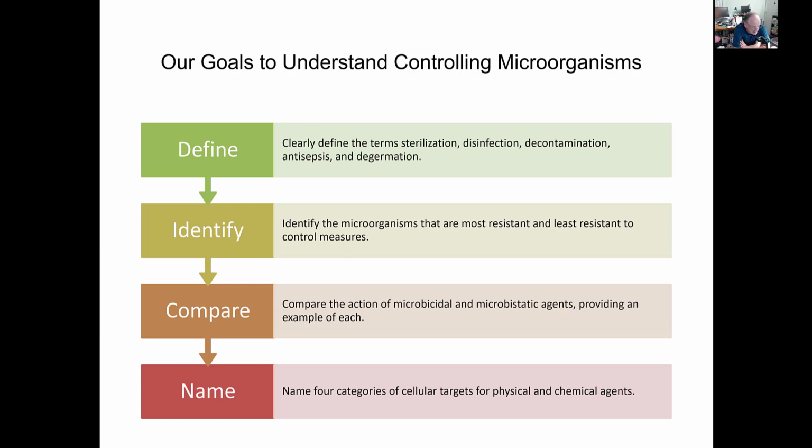Then we can compare the actions of microbicidal and static agents, and there's a difference. Cidal kills, but not all, and static just doesn't allow them to grow. We're also going to talk about cellular targets for physical and chemical agents. So we have our work cut out for us, but it's a good thing. This video will be in two parts, part 1 and part 2.